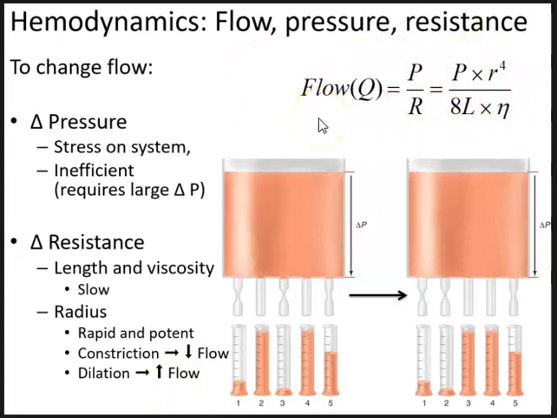So we know that flow is directly proportionate to the size of the radius of the blood vessel. So it's more physically possible to change flow by doing changes of resistance through changes of the radius.